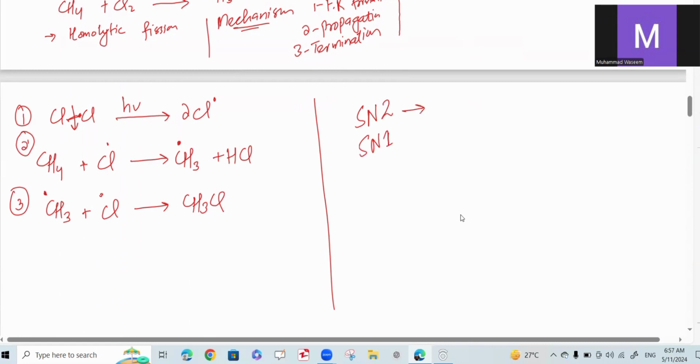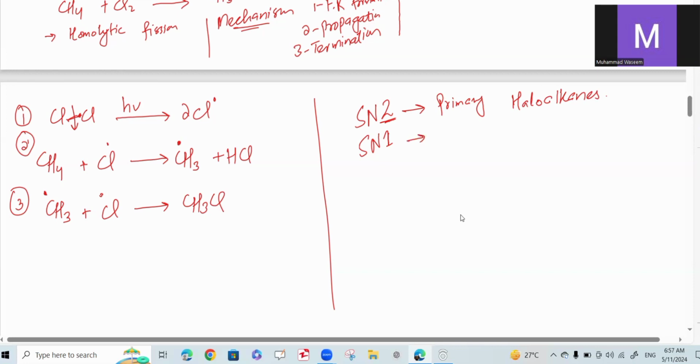When we have alkyl halides, so when there is a polar bond, and that polar bond is in primary haloalkanes, it takes place basically in two steps. That's why we call it bimolecular nucleophilic substitution reaction.